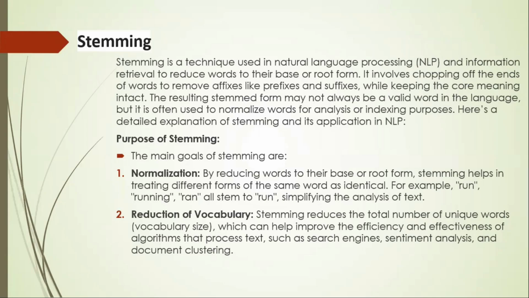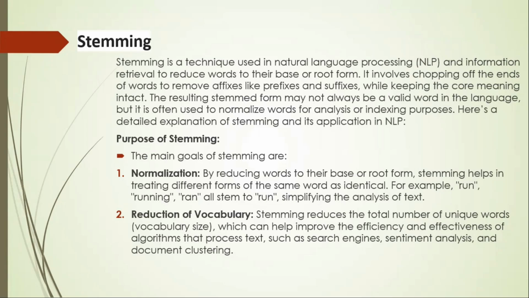Now, a stem is not always a valid word for an individual language, or we can say that the meaning of a root may be separate from the used language. So we understand that and we normalize the words for our indexing purposes.